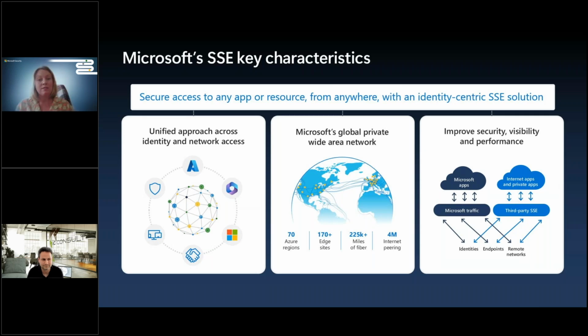As I mentioned, there's very broad application support, so that enables secure access to any application, including those on-prem private applications that are using any port or protocol. So like I said, the printers, FTP, private web apps and non-web apps, and all those others based on TCP or UDP protocols.